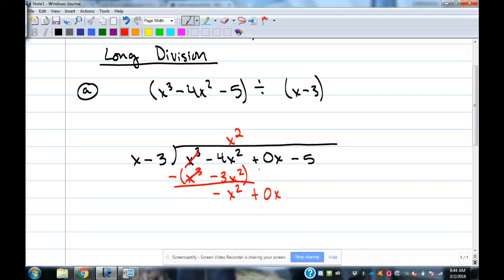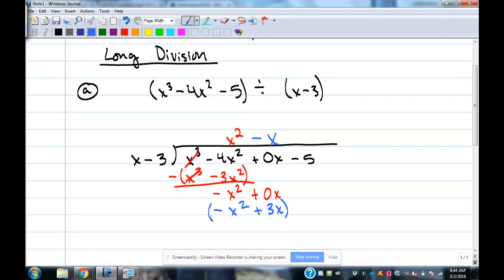Then we still look at the first piece of what we're dividing by. It's x. What times x would get me this negative x squared? Negative x, so negative x up here. I'm going to use a different color. Then we distribute. Negative x times x is negative x squared, and negative x times negative 3 is positive 3x.